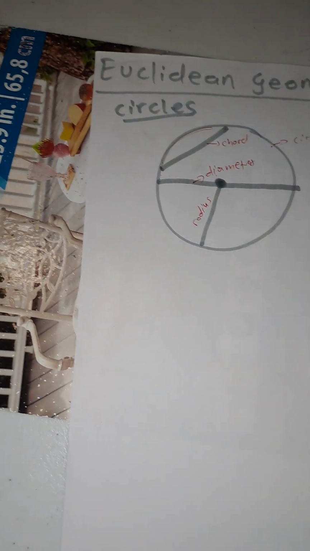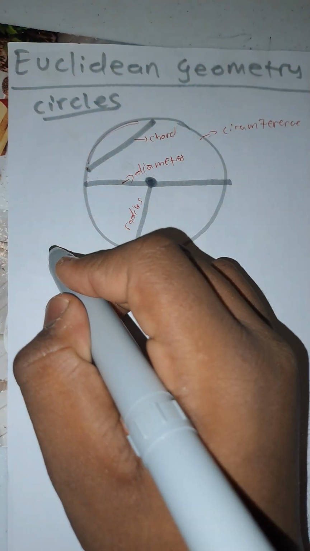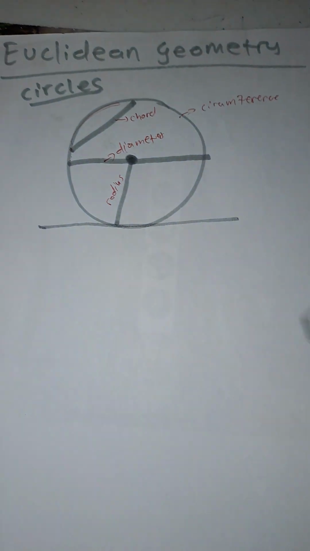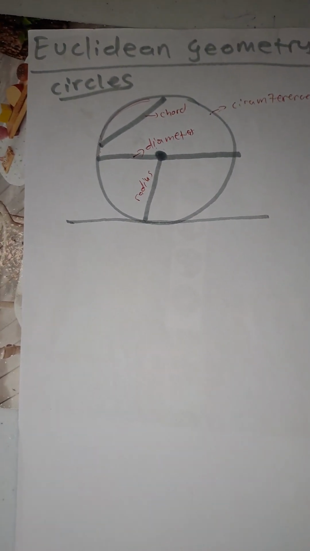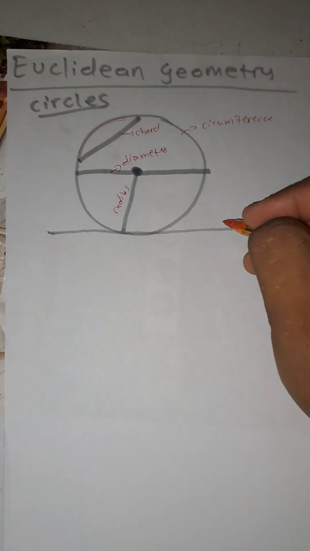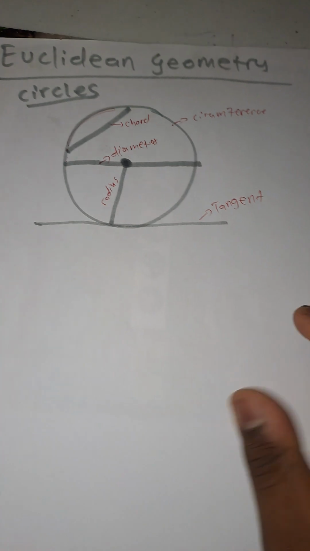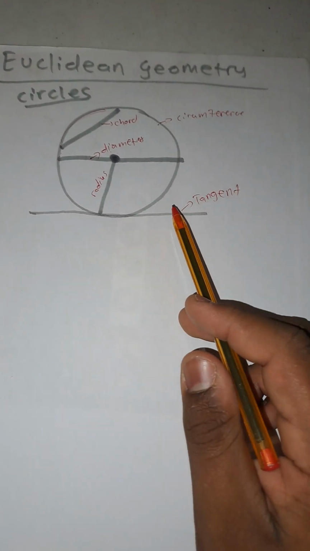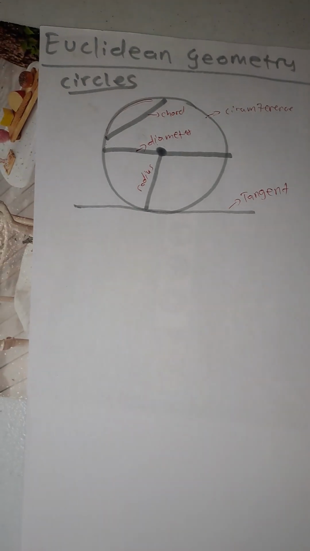Okay, so let me show you another thing. You have what you call a tangent, which is something like this. I'm just labeling my circle so that when you work, you don't get confused. So this is my tangent. It always has a point here.